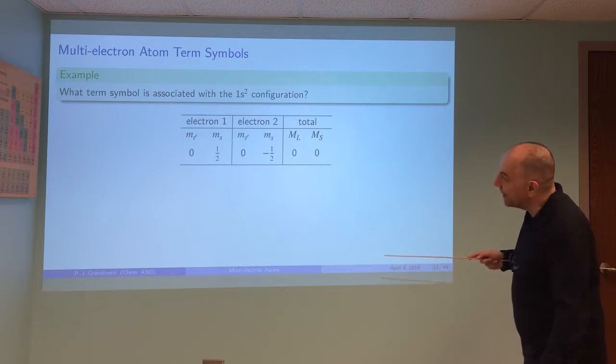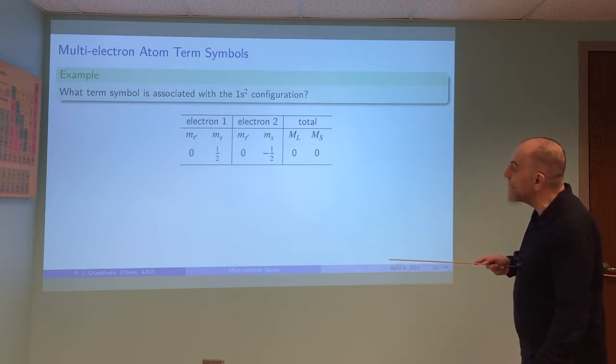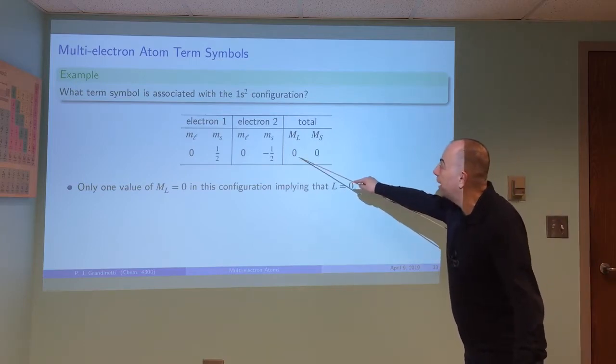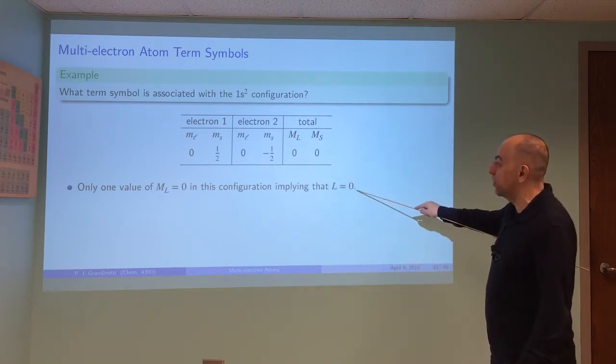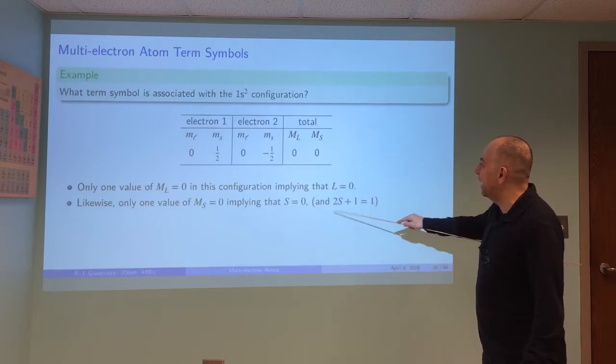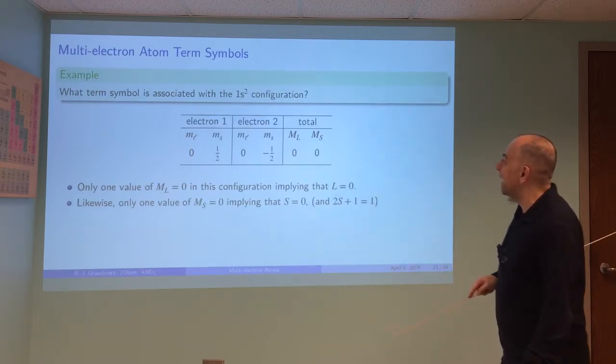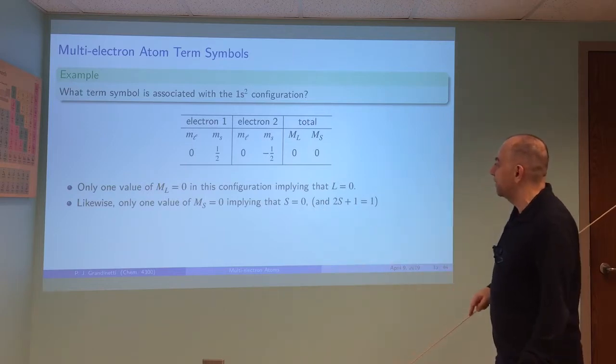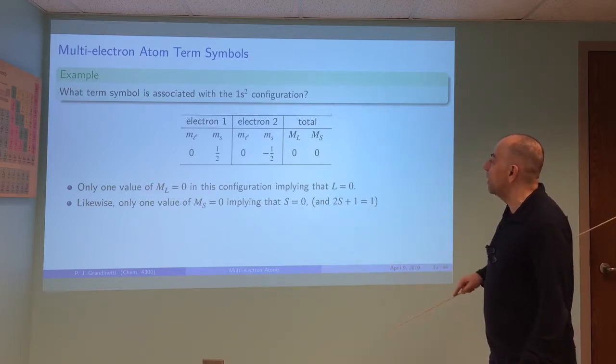Now, if you're looking at that and you're thinking, well, how could I get that possible outcome? Well, there's only one way of getting m sub L of 0. That is that you must have a total L of 0. And there's only one way of getting a total m sub S of 0, which is that you must have a total S of 0, or a multiplicity of 1, 2S plus 1.